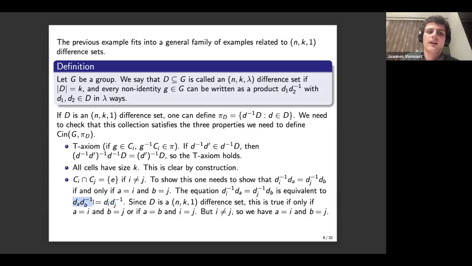So this equation can only hold if these elements are non-identity. And since it's an NK1 difference set, there is only one way to write each group element as one of these products. So this means that A has to be equal to I and B has to be equal to J, which is precisely what we had to show for this property to hold.